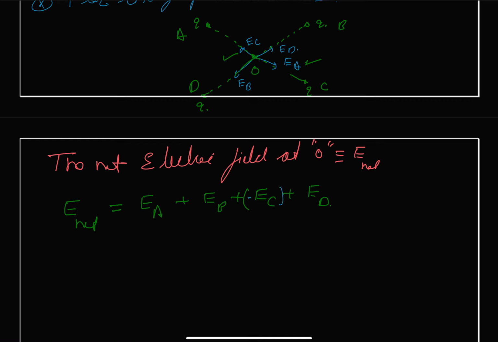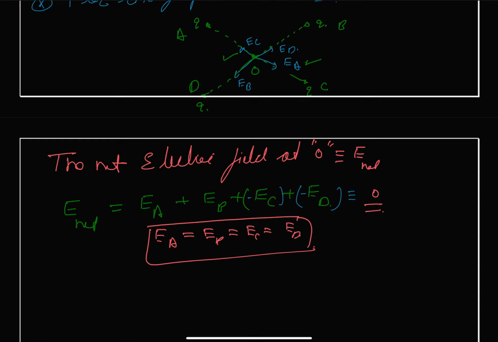Similarly, if we take EB as positive, ED will be taken as negative, and their magnitude are same. Therefore, we can write this will be coming as equal to 0, because our EA is equal to EB is equal to our EC is equal to our ED. So net electric field due to all these charges A, B, C and D is equal to 0.